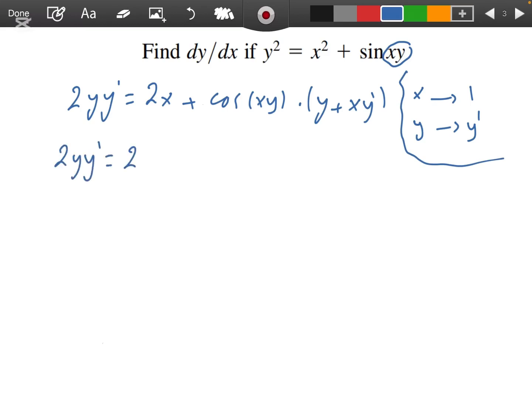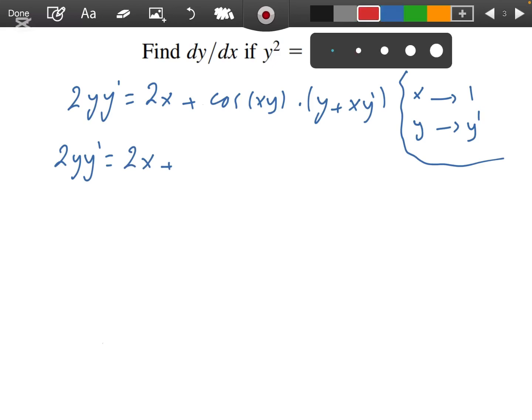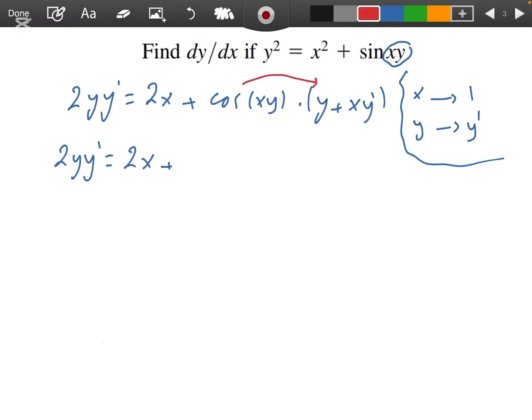So 2y y prime is equal to 2x plus, I'm going to use the distributive property to multiply the cosine by both of them. So let's say y cosine xy plus x y prime cosine xy.